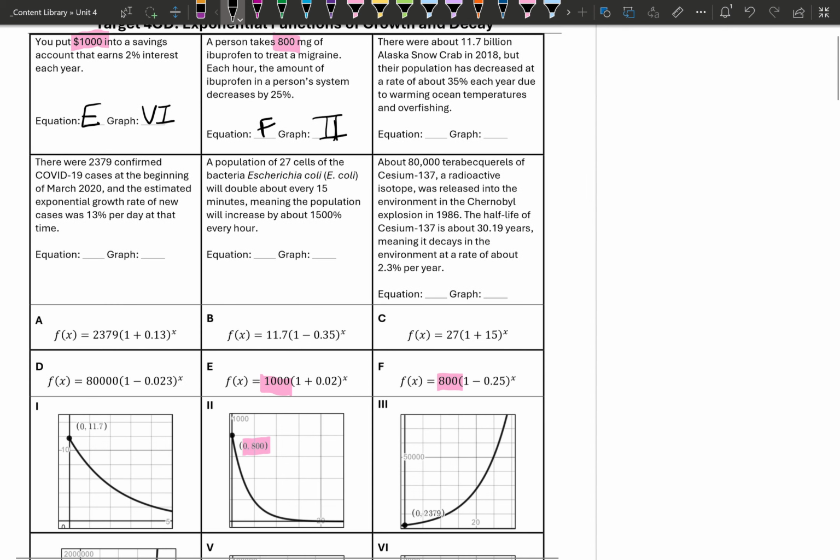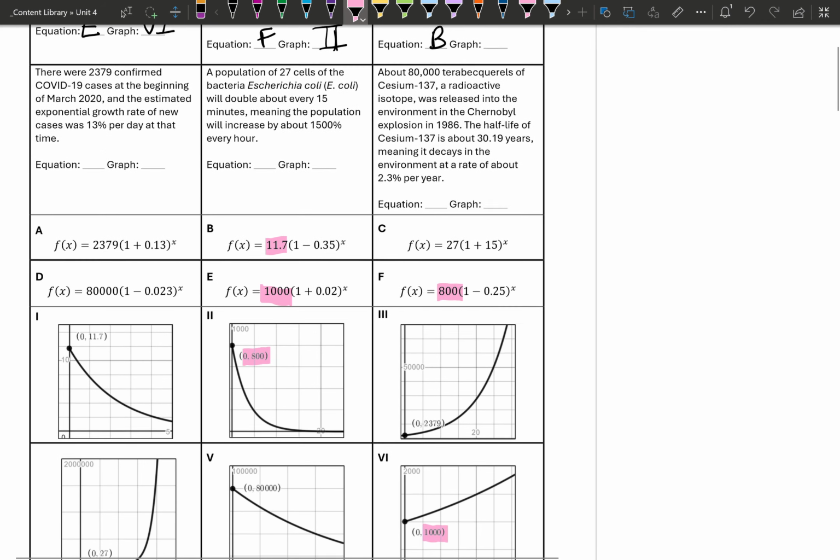There were about 11.7 billion Alaska snow crabs in 2018, but their population decreased at a rate of 35% each year due to warming ocean temperatures and overfishing. Find the equation that matches. Hopefully you chose equation B because of that 11.7. Remember, in this problem, it's decreasing.